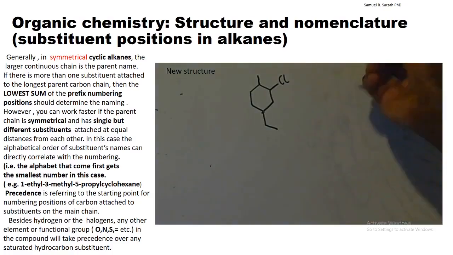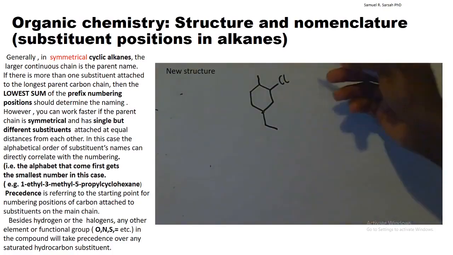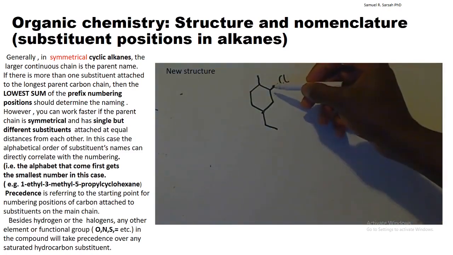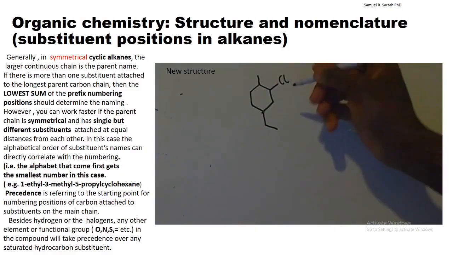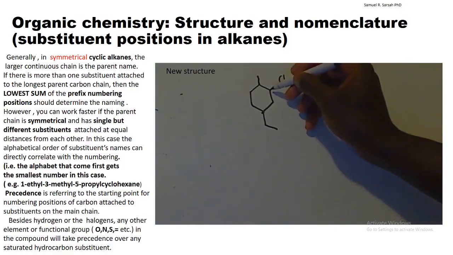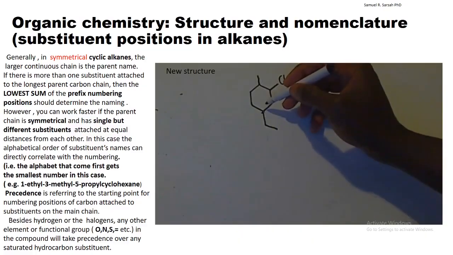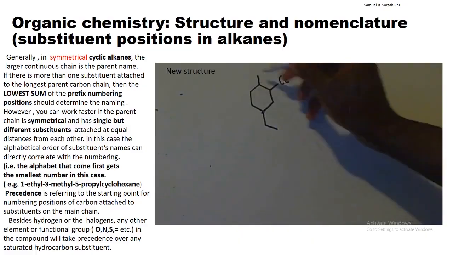Naming this, you can start by saying already chlorine starts with C, so let's start here with the numbering. Okay, so if I start here, I'm going to count 1 for this one, 2, 3 for the ethyl, and then I have to go all the way here.